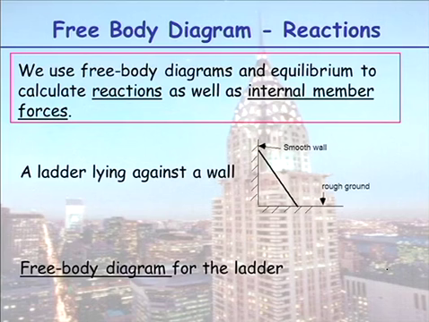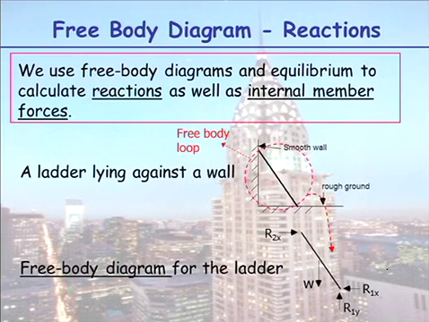So in this example here we have a ladder leaning against a wall. The wall is smooth, the ground is rough. Can you imagine what that free body diagram looks like? Well, our ladder is a stick.